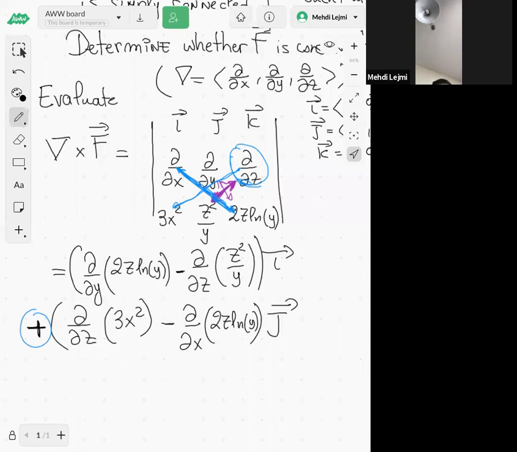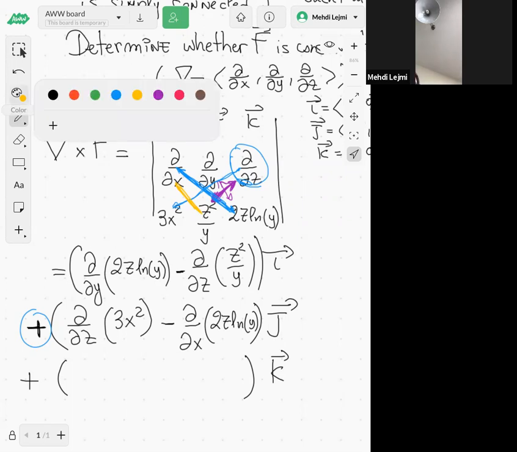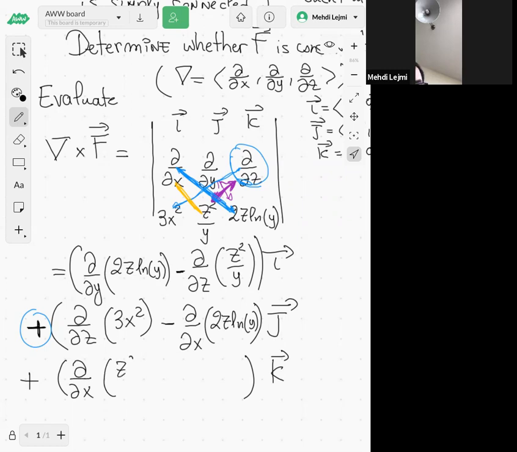Remember, guys, for j, if you put a plus here, then you should start with this term: the derivative with respect to z of 3x squared, minus the derivative with respect to x of 2z natural log of y. And then the last component, plus k. What will be the coefficient of k? We cross multiply here: the derivative with respect to x of z squared over y.